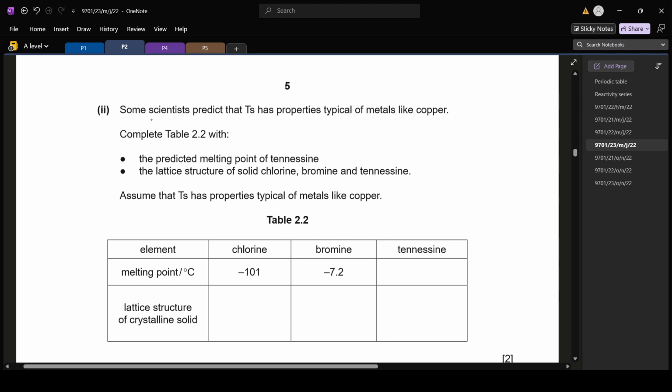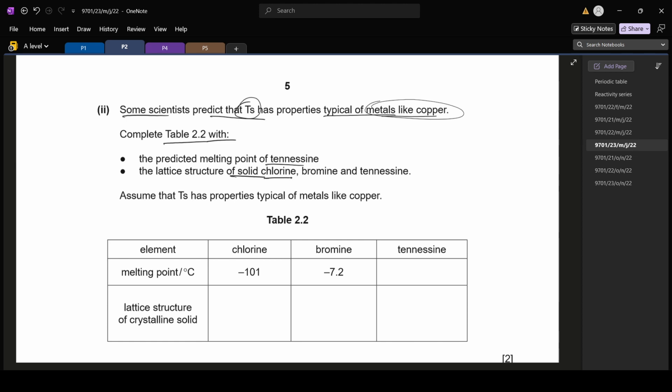Okay, moving towards the second part. Some scientists predict that tennessine has properties typical of metals like copper. Complete table 2.2 with the predicted melting point of tennessine and the lattice structure of solid chlorine, bromine, and tennessine.